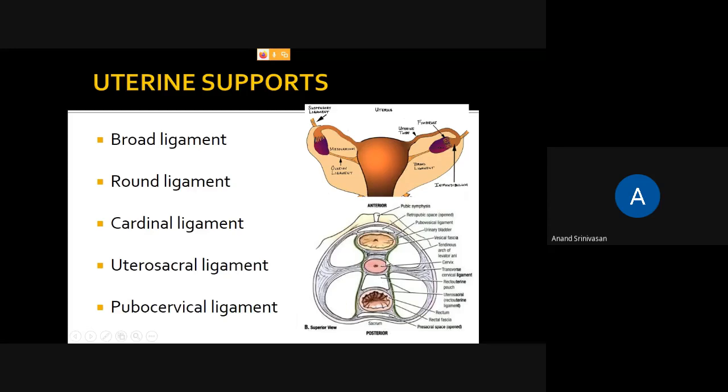So this is referred to as the pubocervical ligament. For the uterosacral, you just need to remember the name: uterus to sacrum is uterosacral. Pubic symphysis to cervix is called the pubocervical ligament. All right.